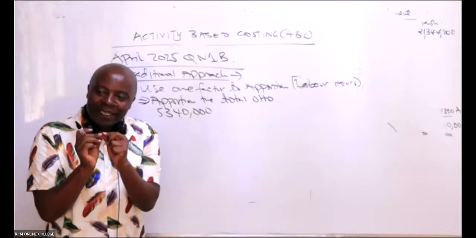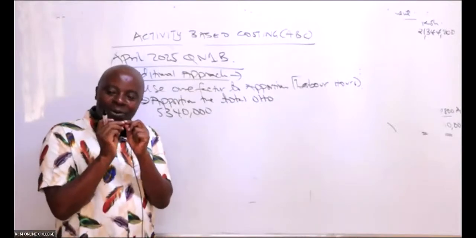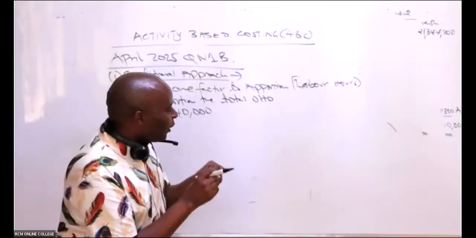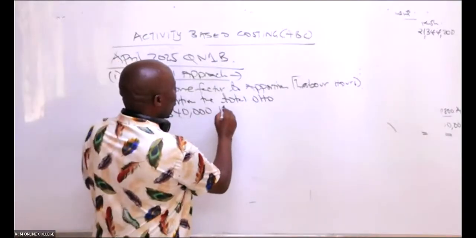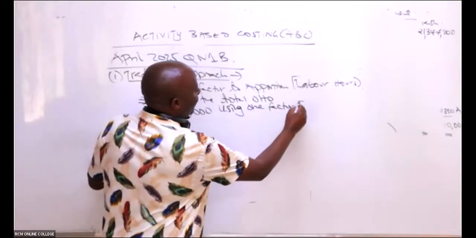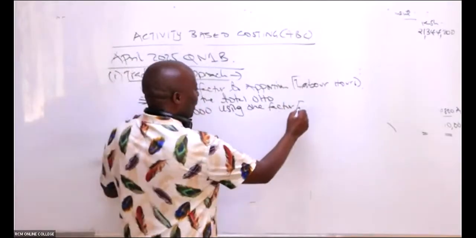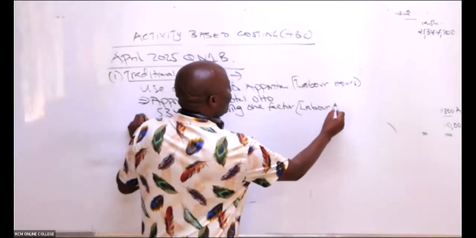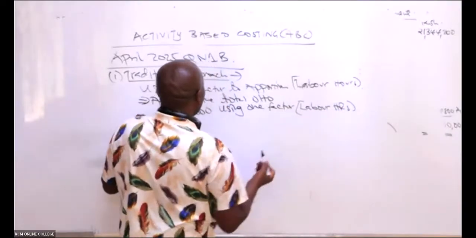They don't want us to look at the individual components. They want us to apportion the total overhead using just one factor. I'm just repeating this for you to understand this better. Using one factor, which is the labor hours.